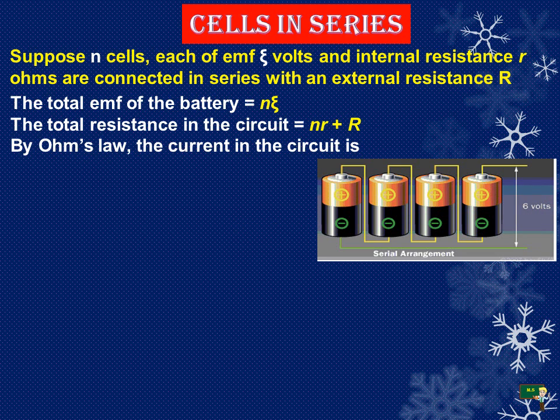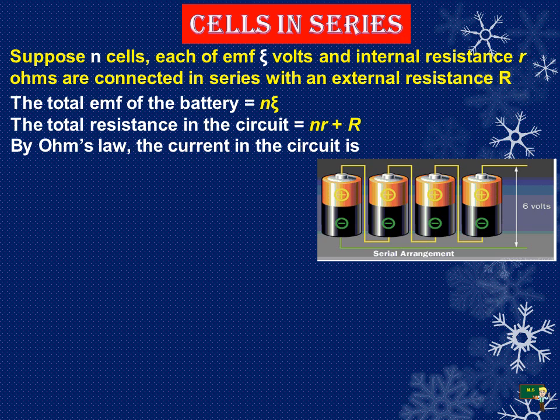Now let me explain. Suppose n number of cells, each of EMF psi volts and internal resistance r ohms, are connected in series with an external resistance R, as we saw in the previous topic on the internal resistance of a cell using a voltmeter.